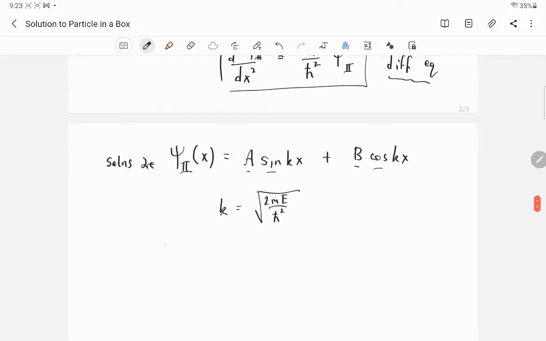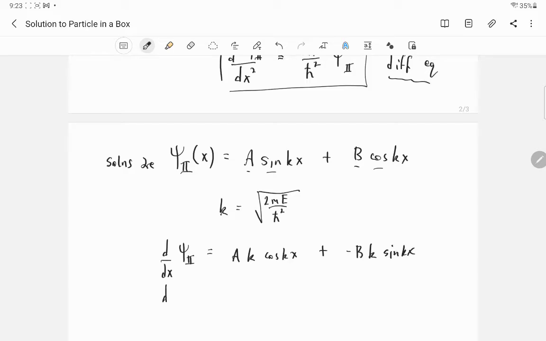So check it out. If I take one derivative of psi sub 2, I'll get a cosine kx times k, plus, and when you take the derivative of cosine, it gives you a minus sign, so minus b times k times the sine of kx.